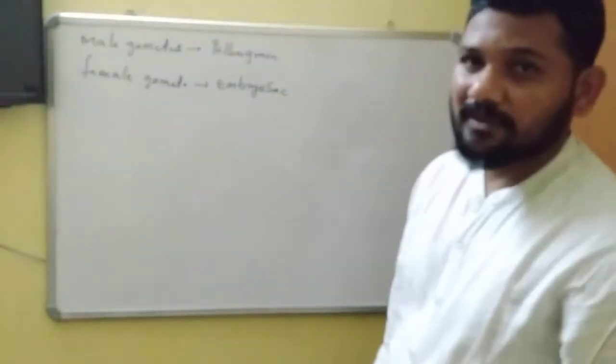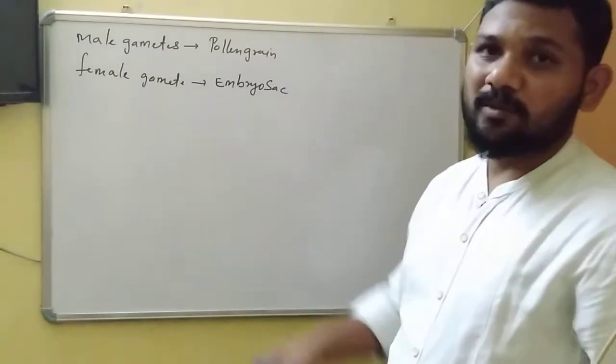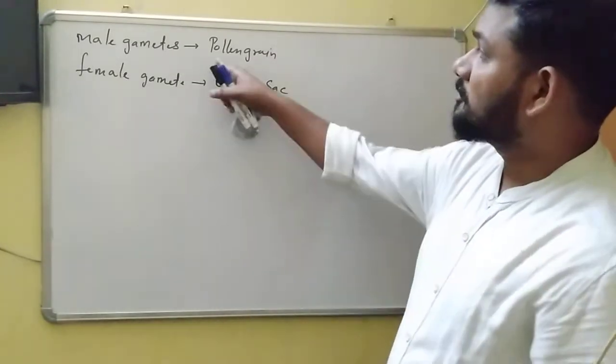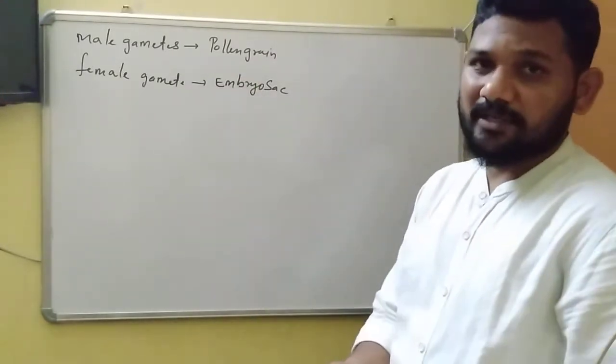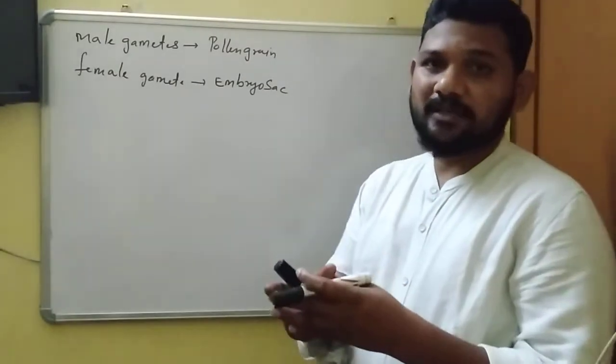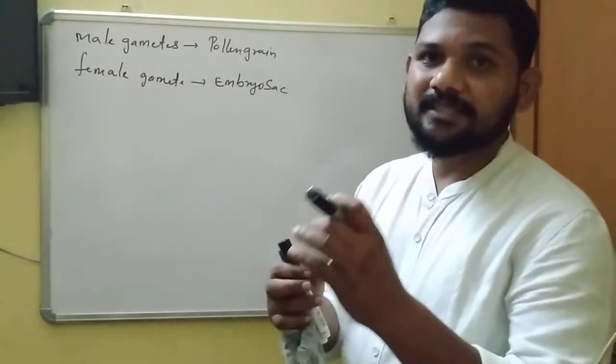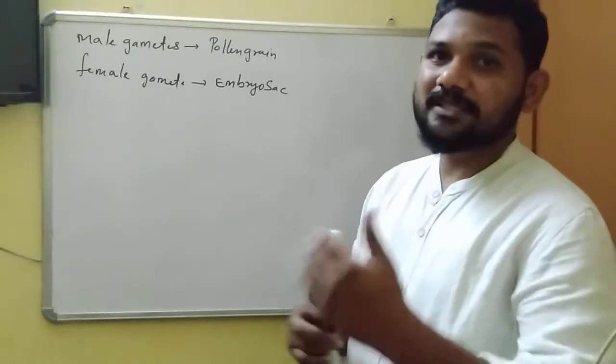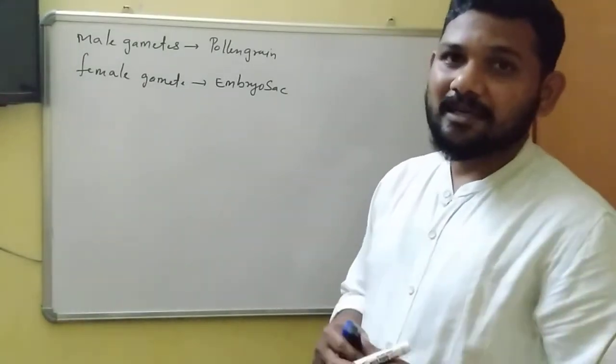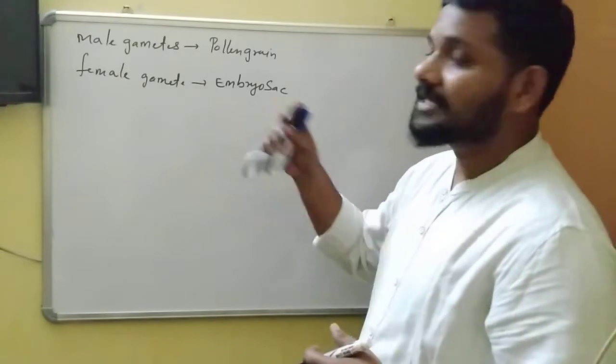You must remember that both male gametes and female gametes are non-motile. So they have to be brought together for fertilization to occur. So how does this happen? How can this be achieved?